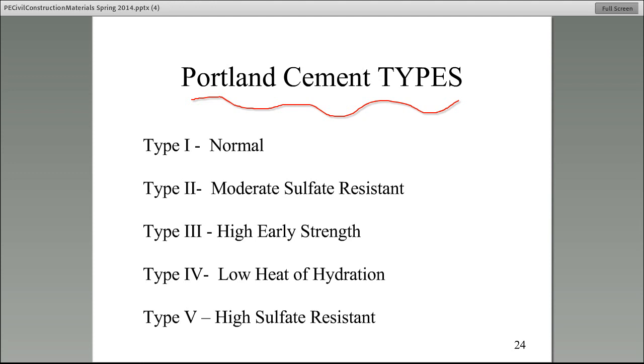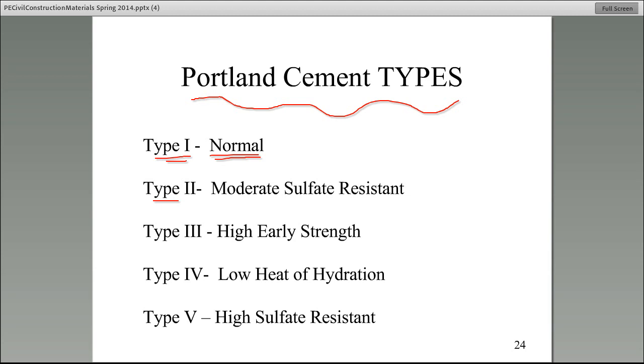Type 1, and I need your help with this. Type 1 basically is what we call normal, and this is the kind that is used for the majority of everyday concrete structures. Type 2 is called moderate sulfate resistant.